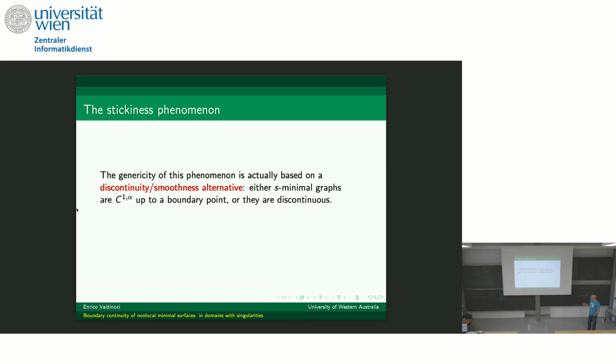So the dichotomy, the alternative, is that either the S-minimal graphs are C^{1,α} up to the boundary, so they cross the boundary in a C^{1,α} way, or they are discontinuous. Vice versa, if they are continuous, they are automatically differentiable and C^{1,α}.